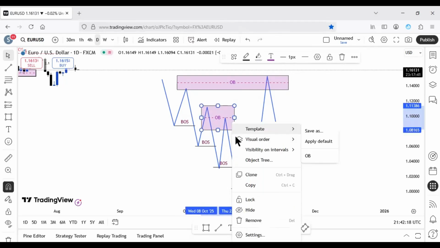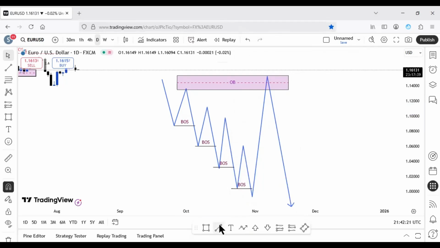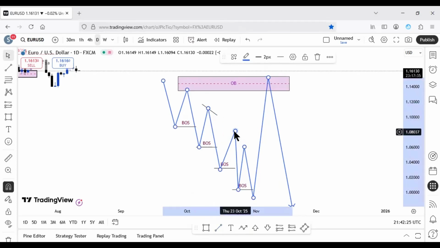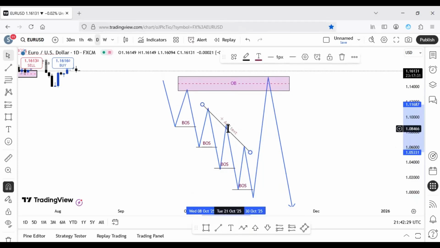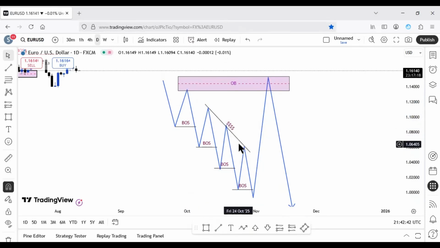So you now become the liquidity. If you try to take a position when price is breaking these structures, that one becomes the liquidity.